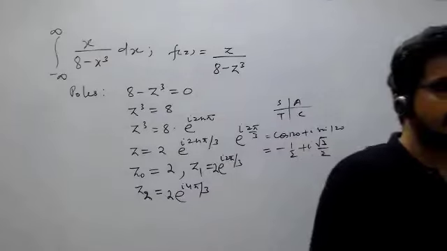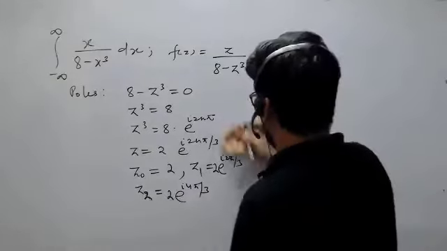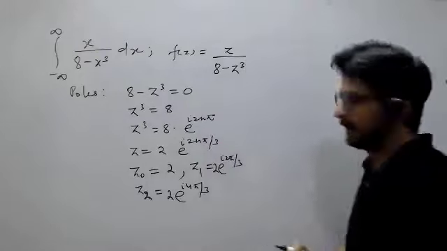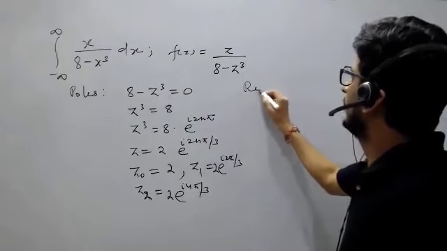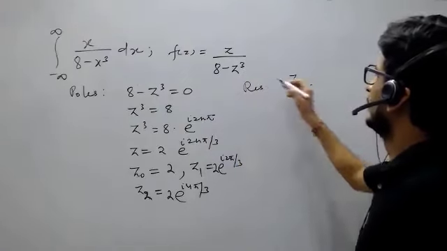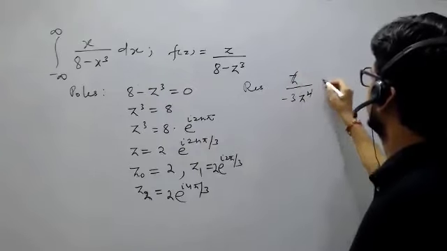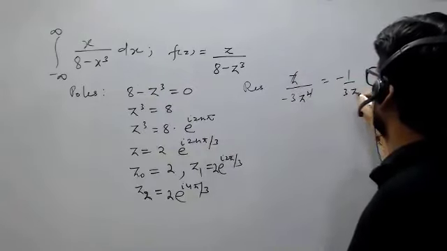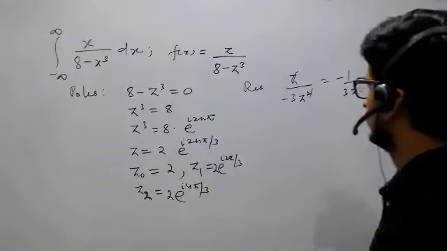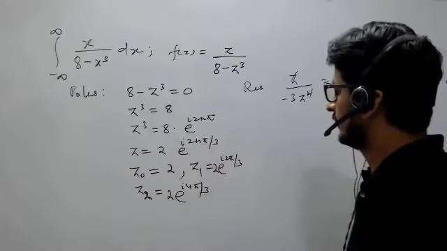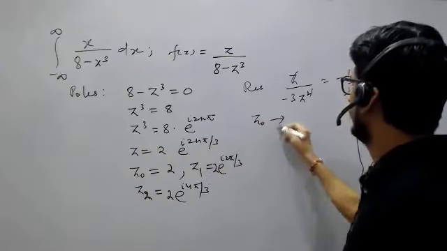Now we have to calculate the residues. So from here we can calculate the residue. Residue will become phi z by psi dash z, na? Minus 1 by 3z. Okay. So for z naught, what will be the residue?